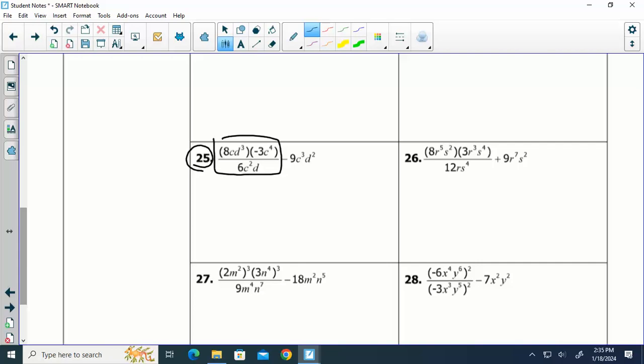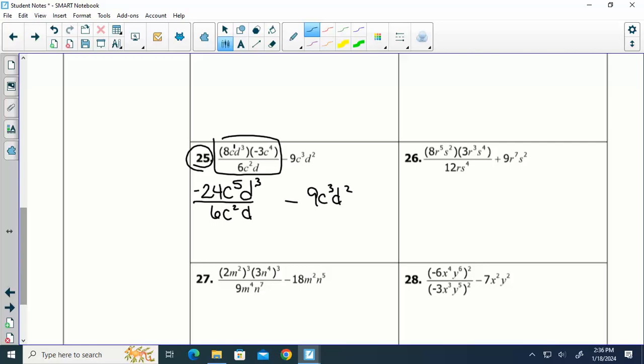So if you multiply 8 times negative 3 is negative 24. C times C to the fourth. So c to the first times c to the fourth would be c to the fifth. D to the third. And we still have this other piece. So now what do we do?